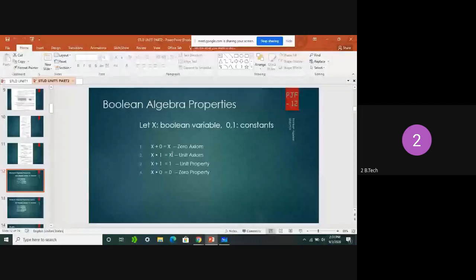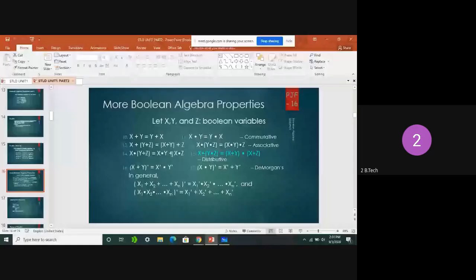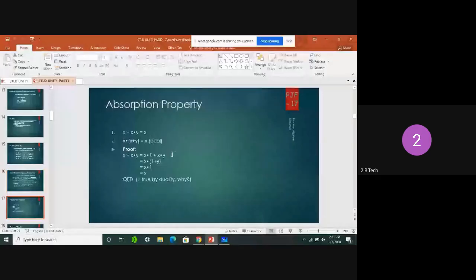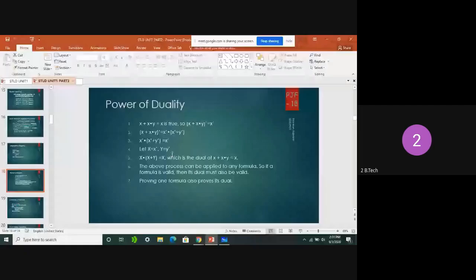All these Boolean algebra laws we have seen, and these laws also we have completed. Absorption laws are also completed just now. These laws also we have seen.